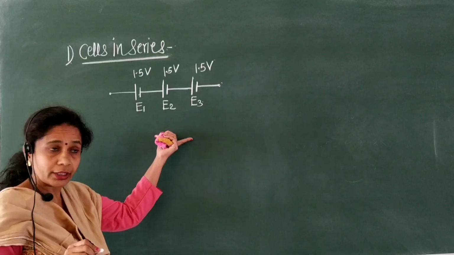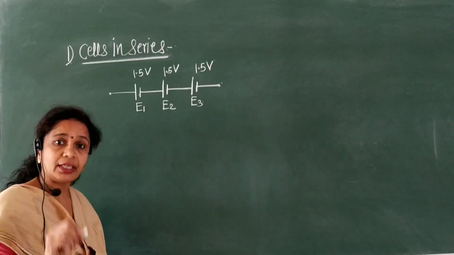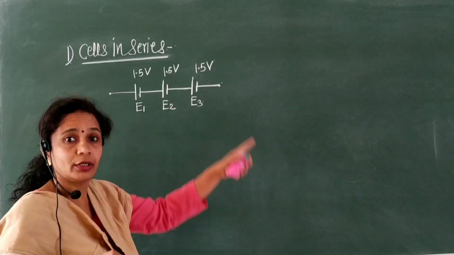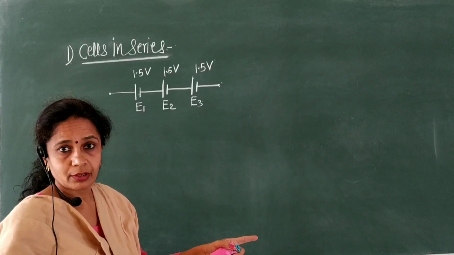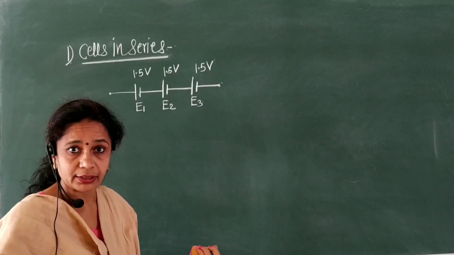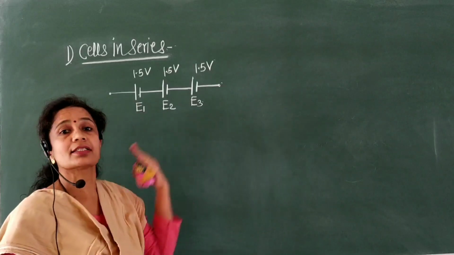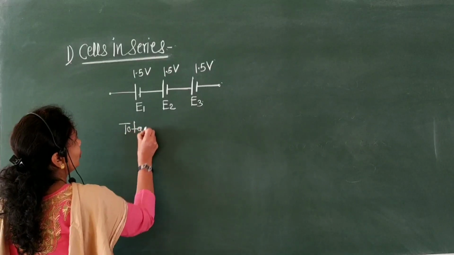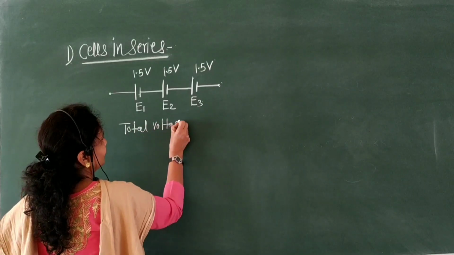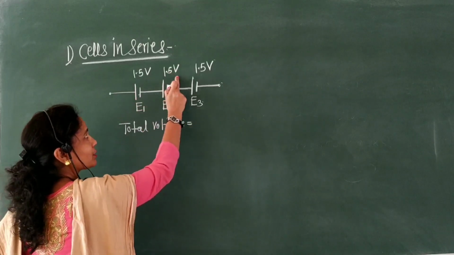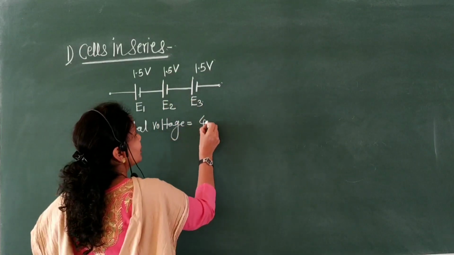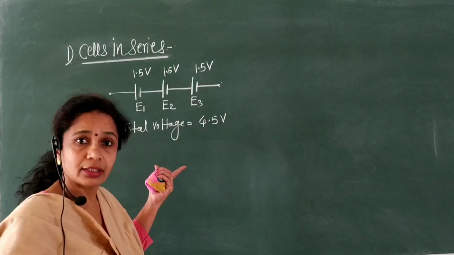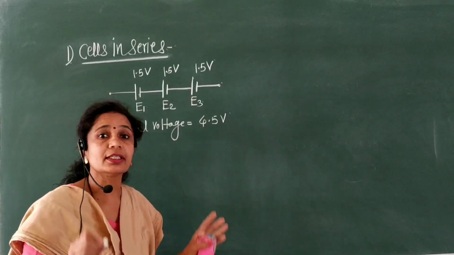The terminal voltage of this battery is equal to the sum of all the individual voltages which are connected in series. Therefore, total voltage is equal to 1.5 plus 1.5 plus 1.5, which is equal to 4.5 volt. This is the terminal voltage of the series combination.